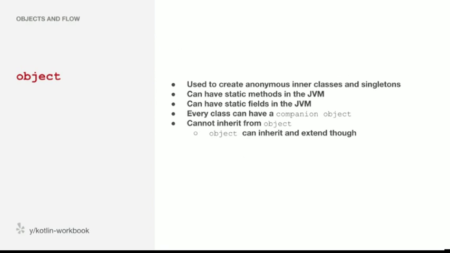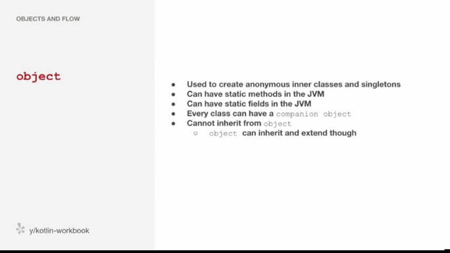What's kind of cool is the object actually has a backing class behind it at runtime, which allows it to automatically implement this singleton pattern for us, so we don't have to worry about creating an instance variable, assigning it, and doing that whole boilerplate stuff that Java forces us to.